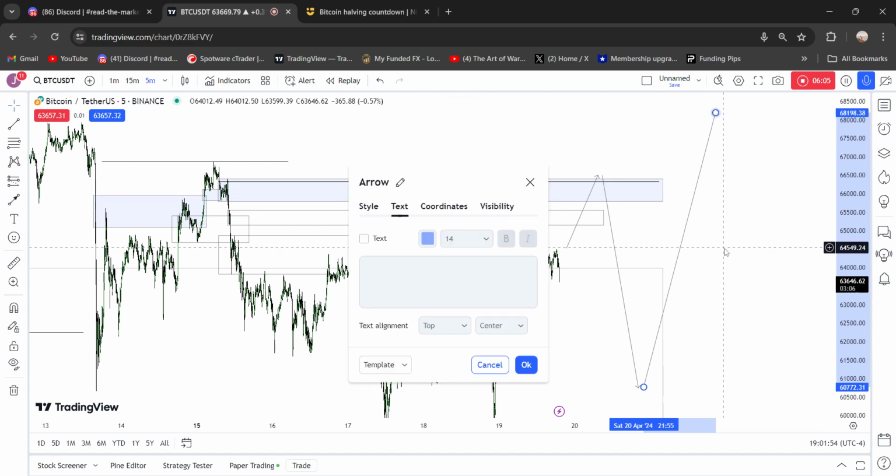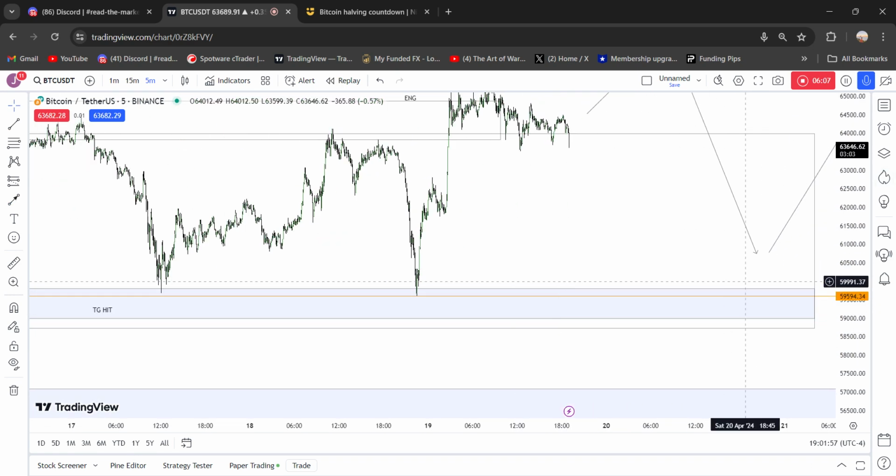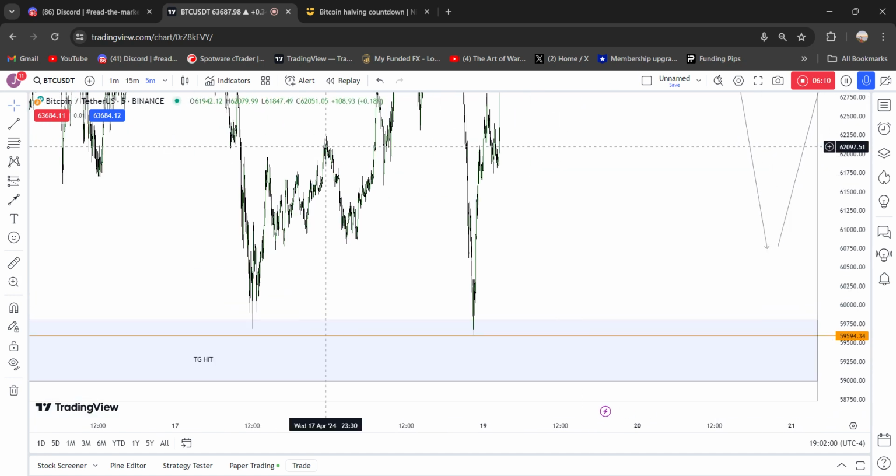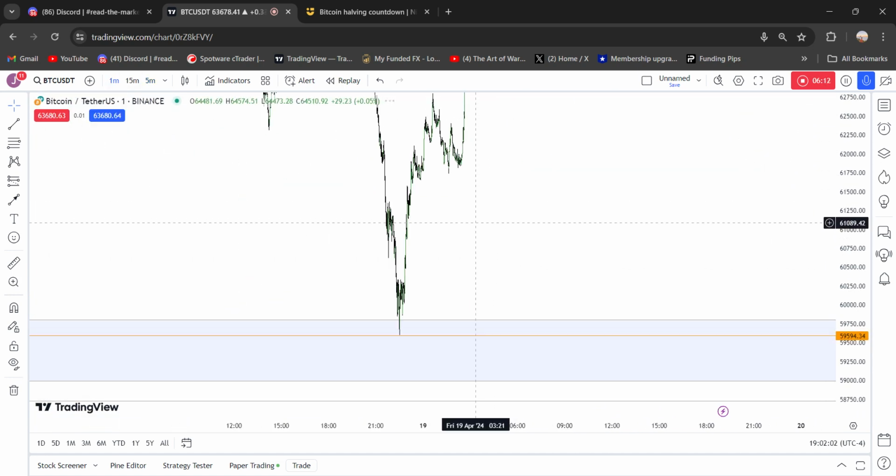This is how the long setup should play in the Bitcoin chart, and I'll show you how exactly I'm going to take the trade in here.